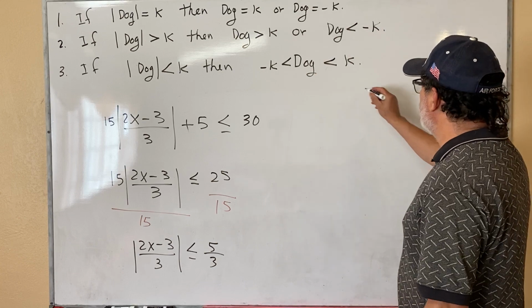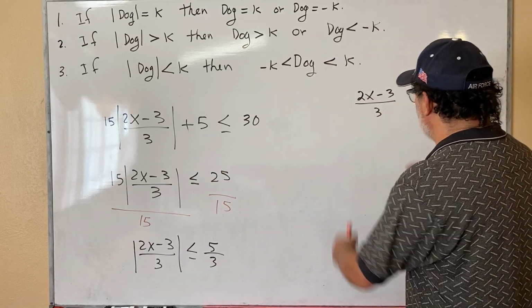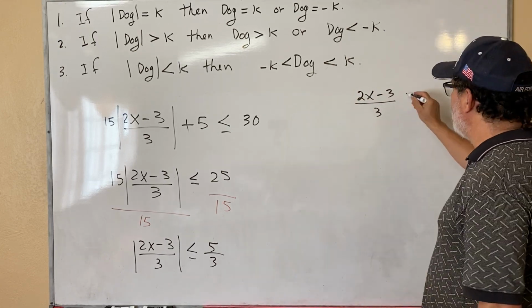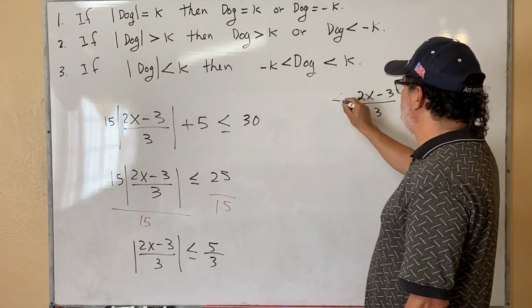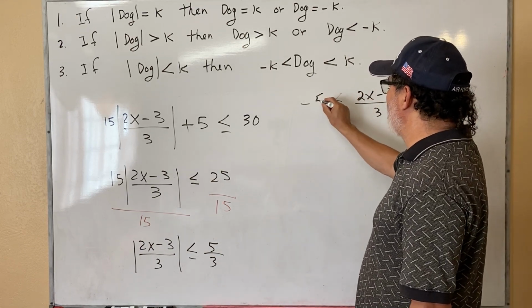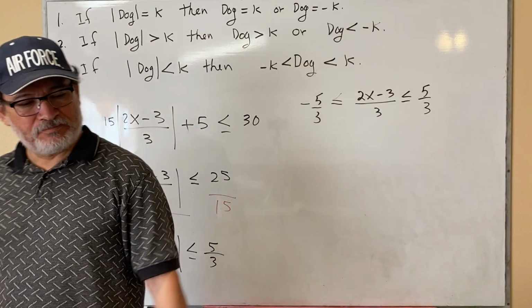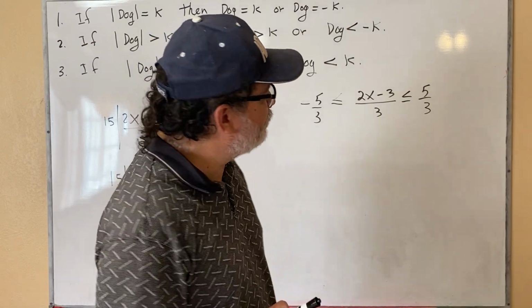Here we go. 2x minus 3 over 3 is no longer in absolute values, and I'm going to put it in the middle. Less than or equal to 5/3, greater than or equal to negative 5/3. There we go. Put the dog in the middle.